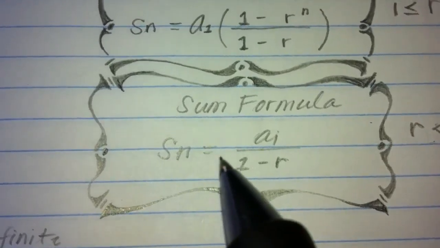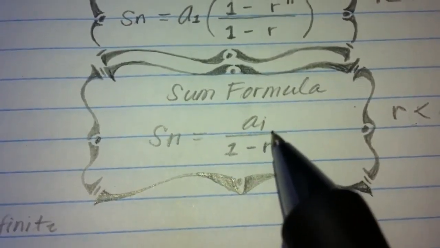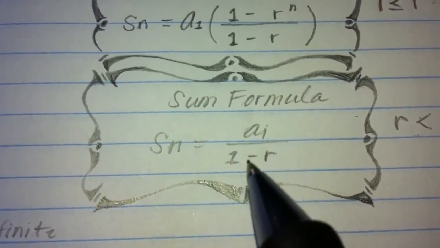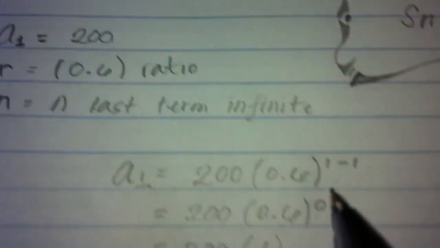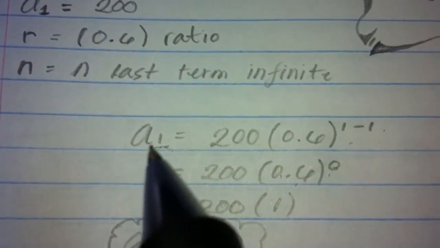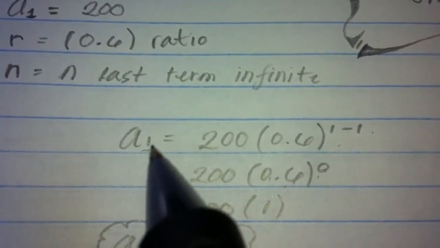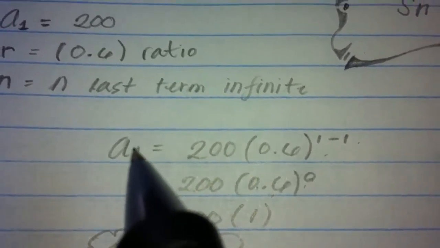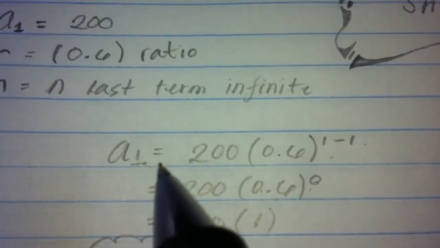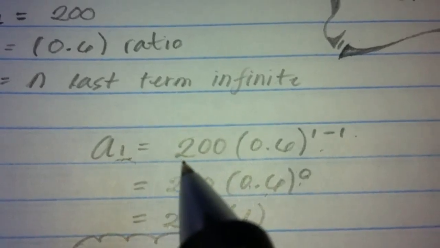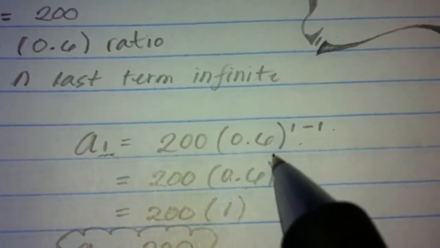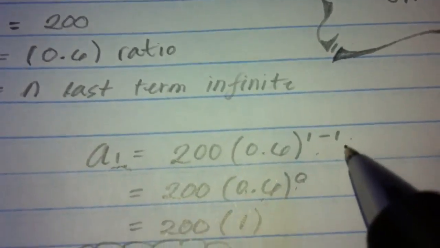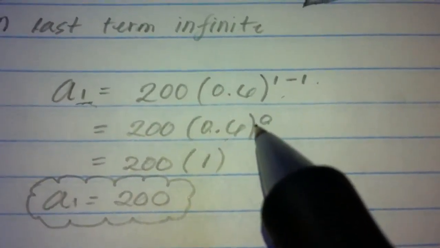So we have Sn equals a1, which is the first term, over 1 minus r. So here a1 equals 200 because when you substitute all the k values with 1, it's 200 times 0.6 to the power of 1 minus 1, which will become 0.